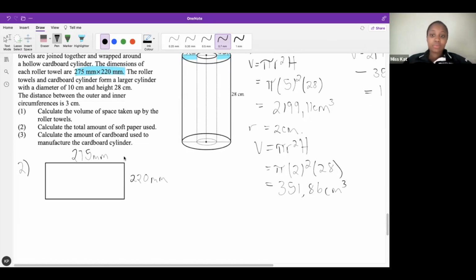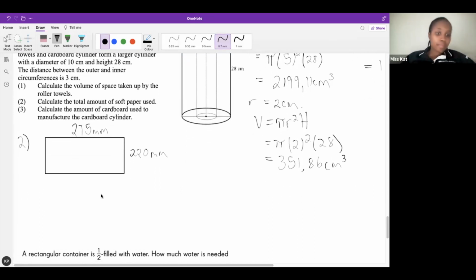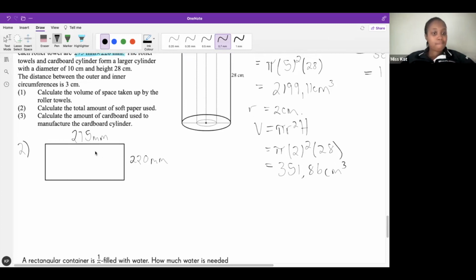Yes, Umulemo. So first you work out the area of the rectangle. Nice. Okay, let's first convert these to centimeters. 275 millimeters is how many centimeters? 27.5 centimeters. There we go. And 220 millimeters is? 22 centimeters.